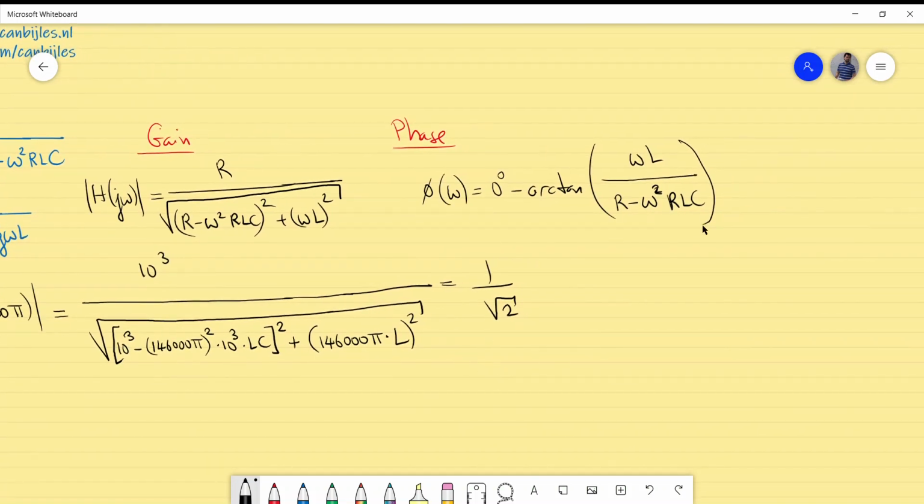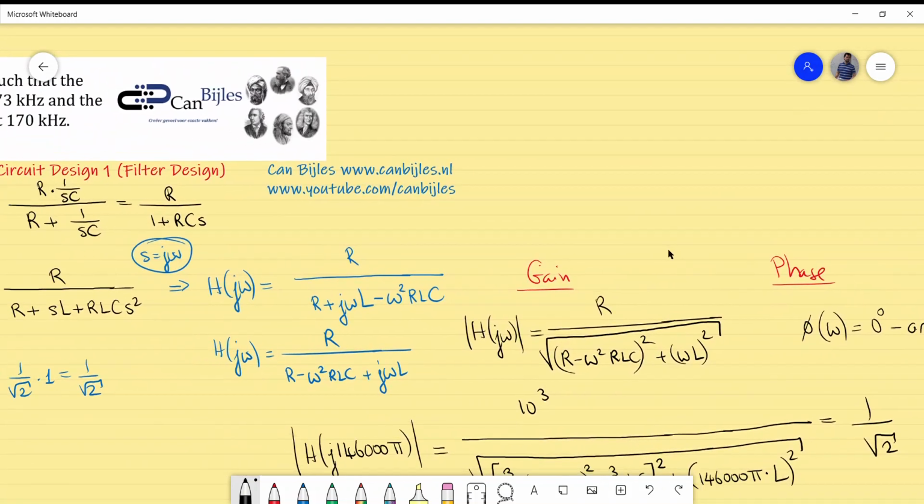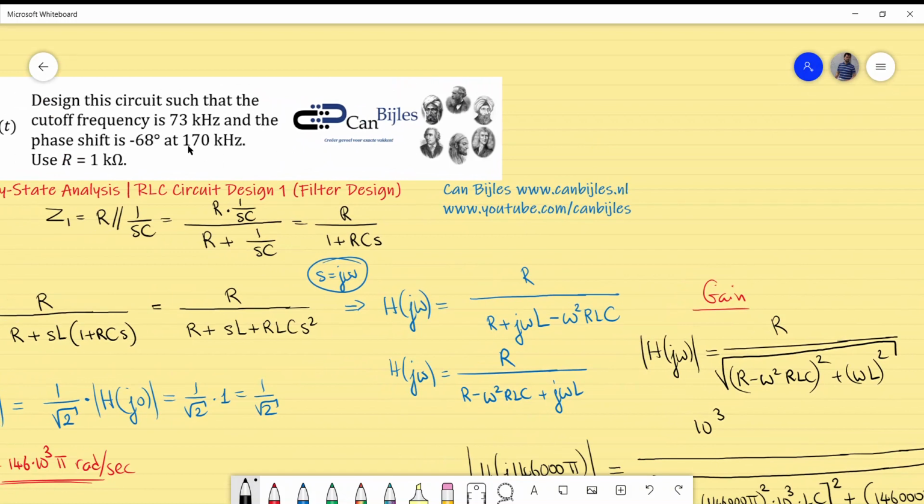So what we need is also the situation for the phase. At this frequency, of course, we have to multiply by 2 pi, and the phase must be minus 68 degrees. So I will use it also.